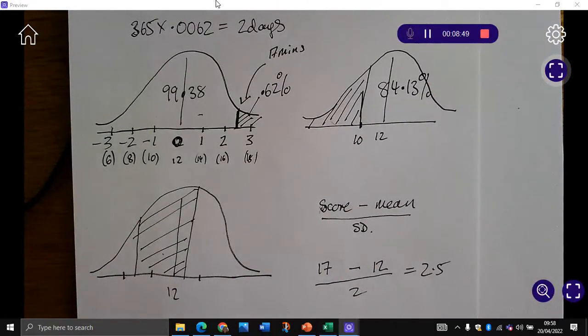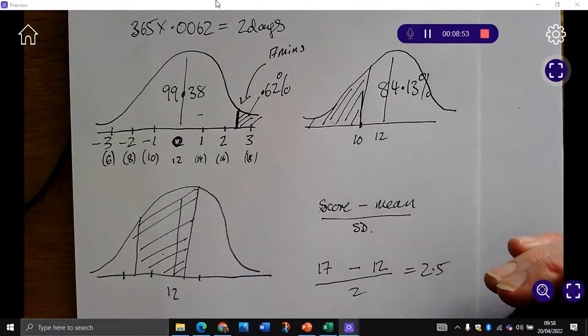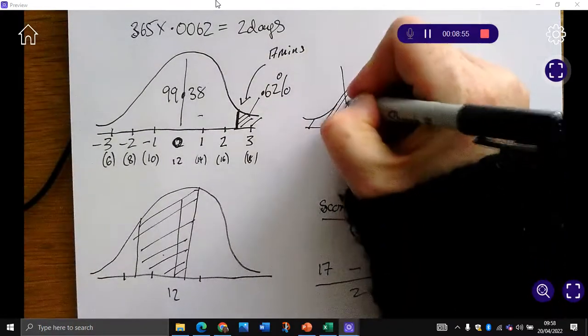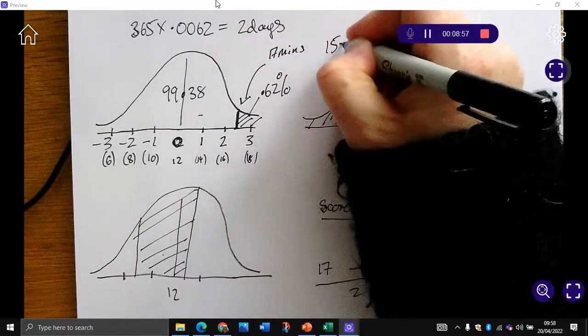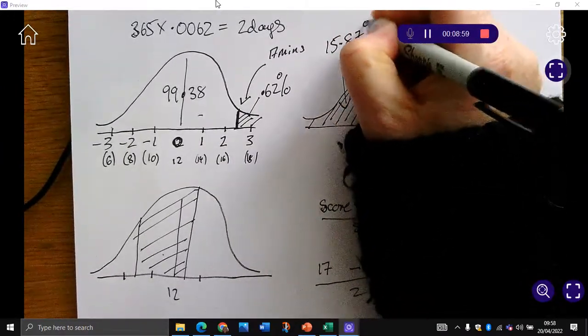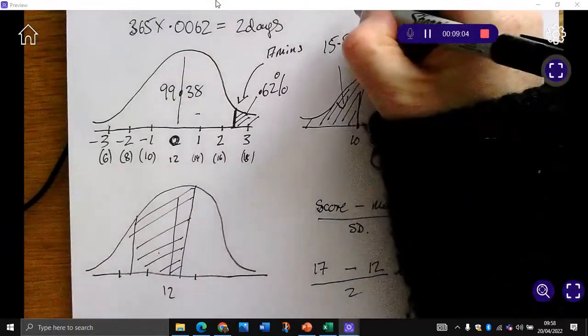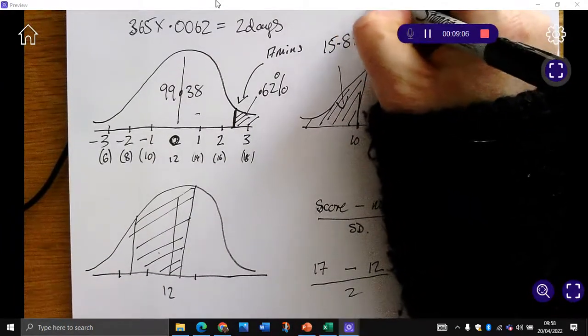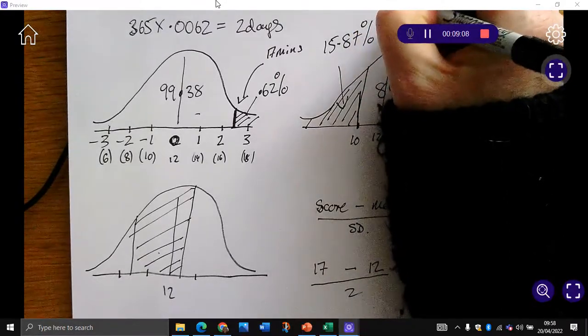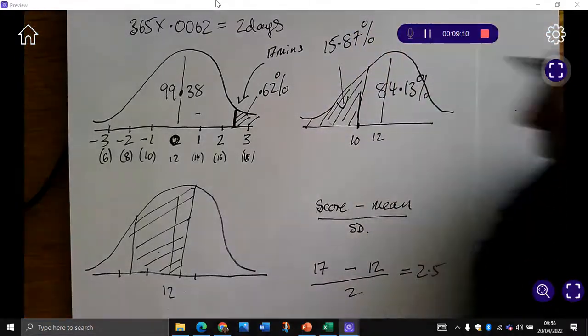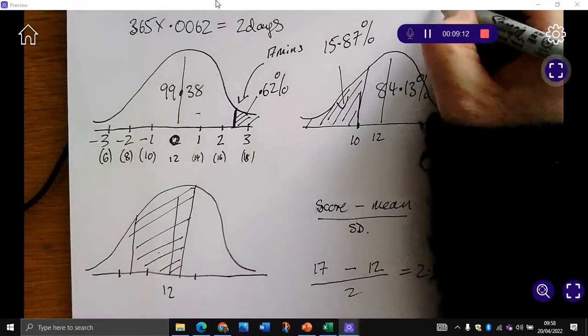That is really common sense. It's the bigger of the two divisions. So this has to be 15.87%. So 0.1587 multiplied by 365. Multiplication is commutative, and you get 58 days.